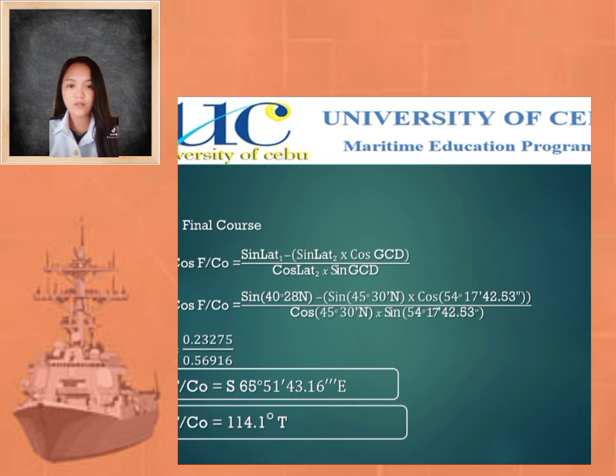So sine latitude 1 is sine 40 degrees 28 minutes north minus sine 45 degrees 30 minutes north times cosine 54 degrees 17 minutes 42.53 seconds, over cosine 45 degrees 30 minutes north times sine 54 degrees 17 minutes 42.53 seconds.